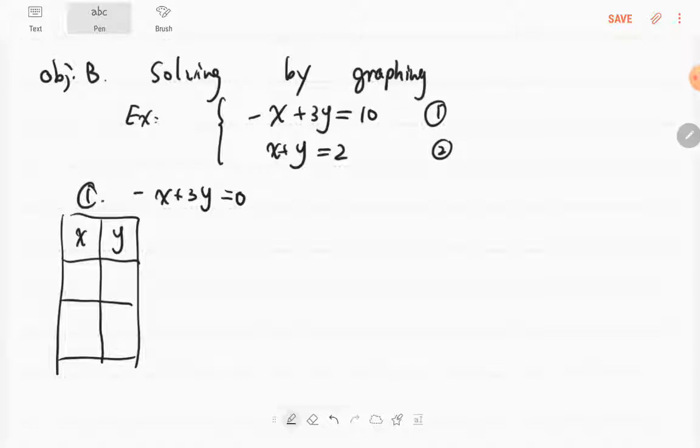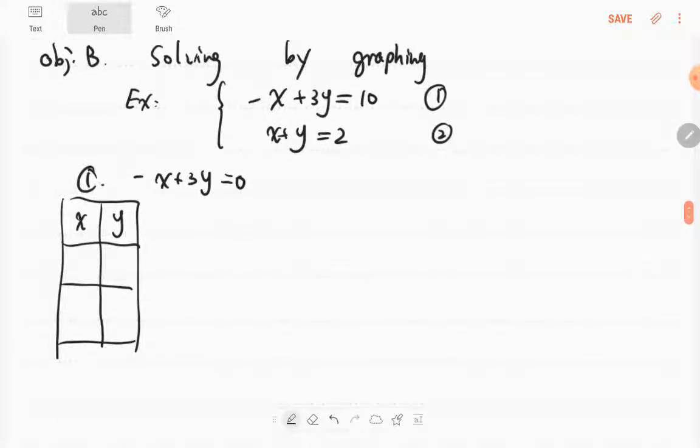Okay, so if we set x is equal to 3, so we will pick some convenient number. If x is equal to 3, then we will have y is equal to 1.